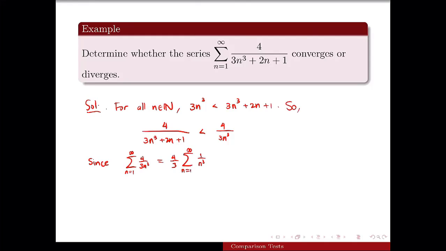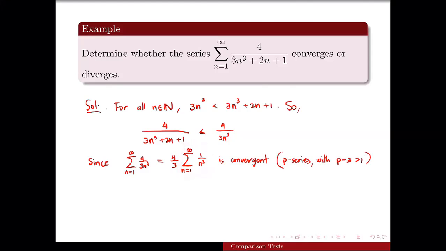Since this series is convergent, let's write the reasoning. It's a P series with P equals 3, which is greater than 1. Your constant doesn't affect the convergence. So let's give the conclusion.